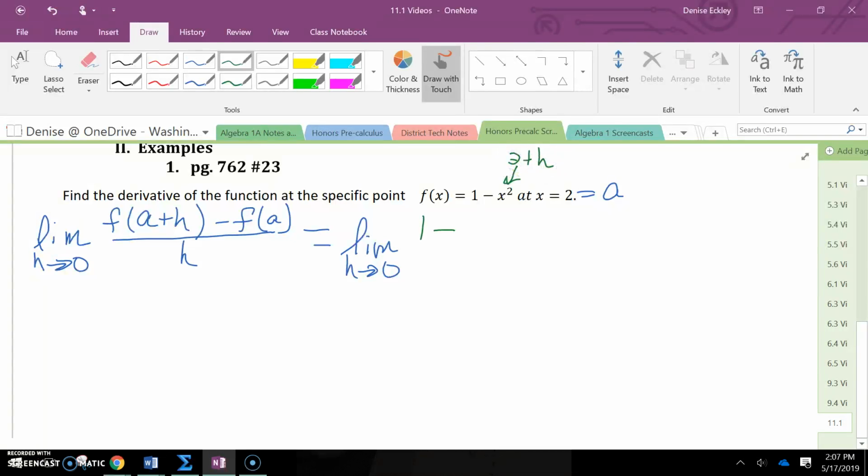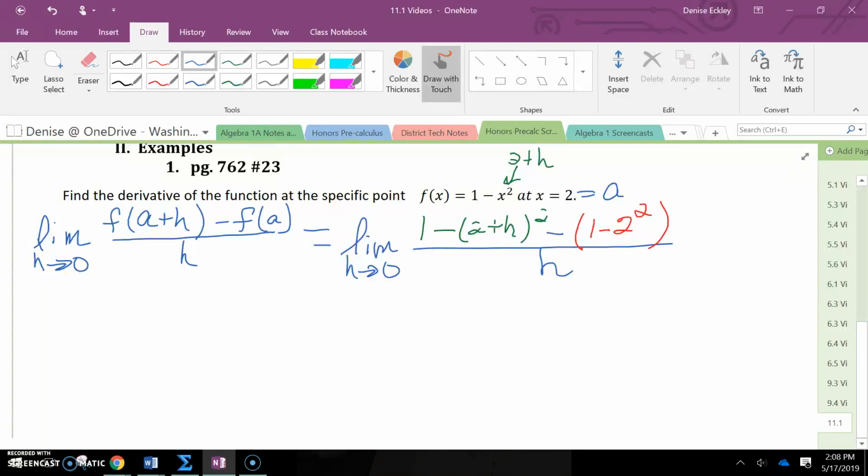So we're going to have 1 minus 2 plus h squared, and then we are going to subtract from that f of 2, which in our case is going to be 1 minus 2 squared, and then the parentheses that way. And that's all going to be over h.